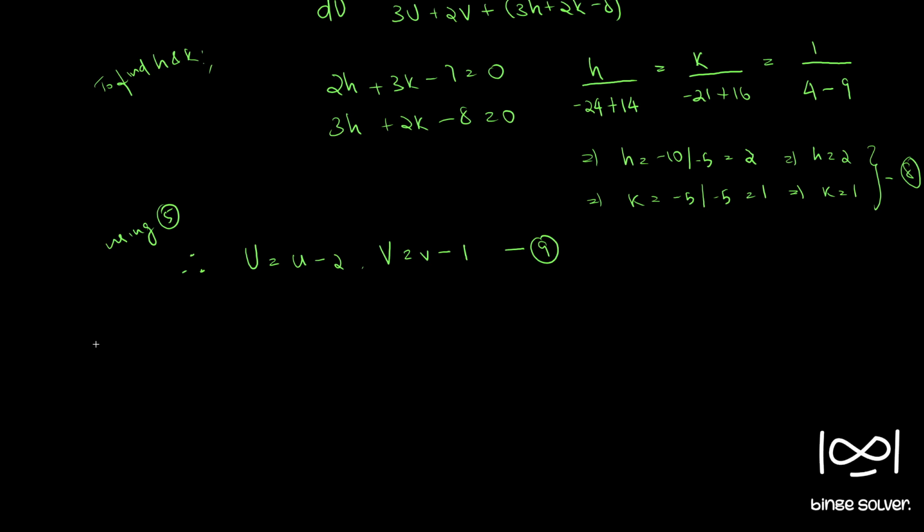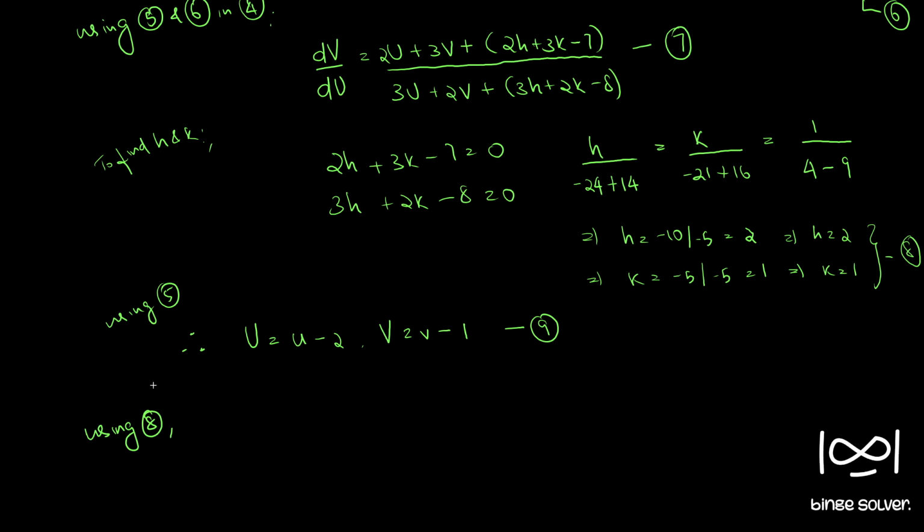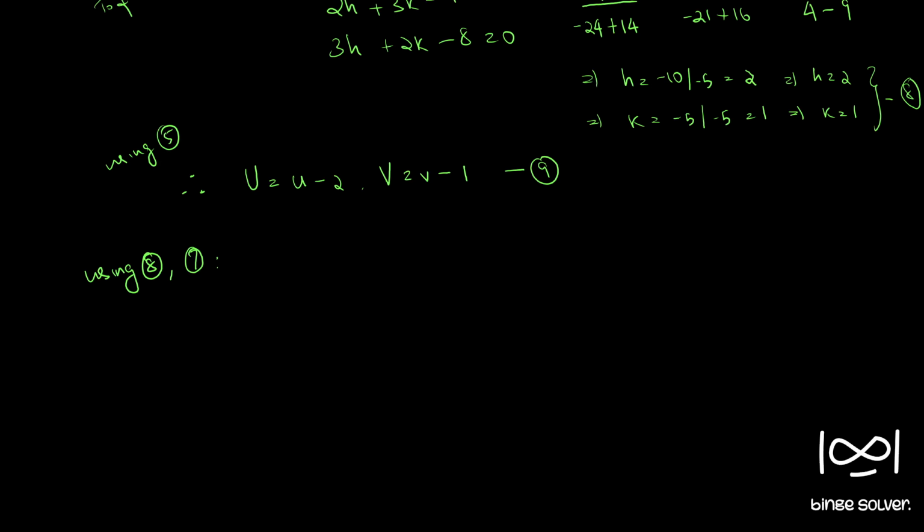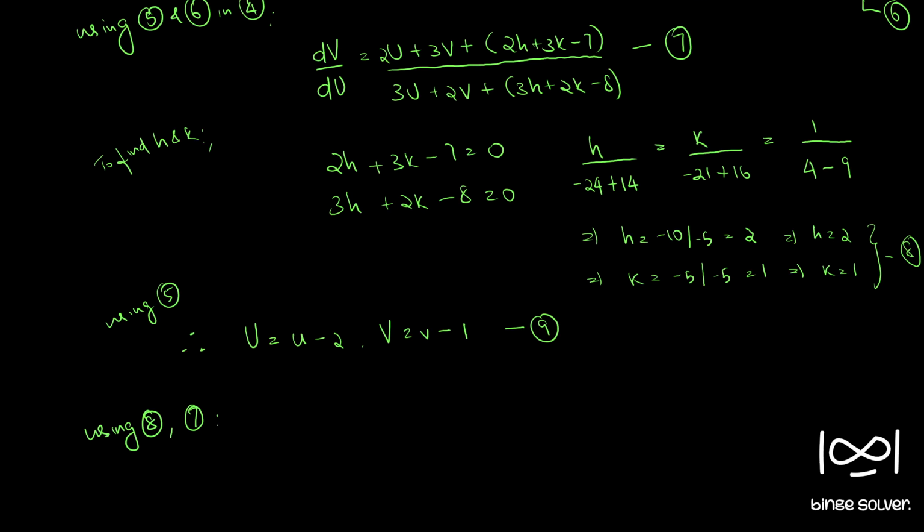So using 8 and 5, the equation 7 becomes dv by du is equal to 2u plus 3v by 3u plus 2v.